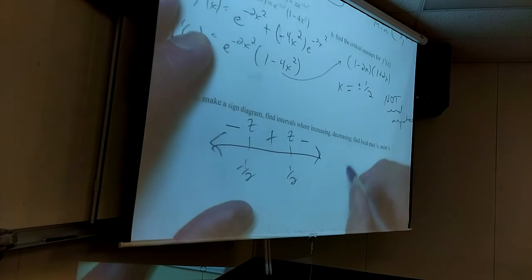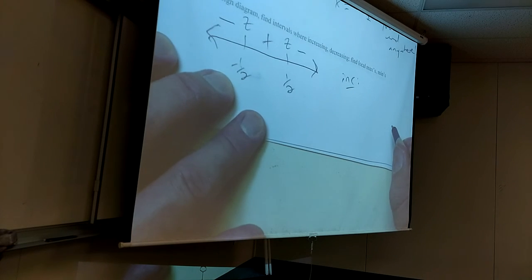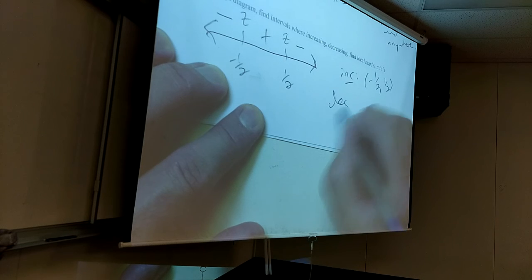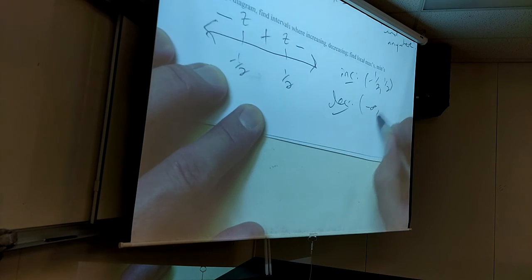So where is it increasing? Yeah, negative 1/2 to 1/2. I love it. Decreasing, of course, everywhere else, just outside of there.